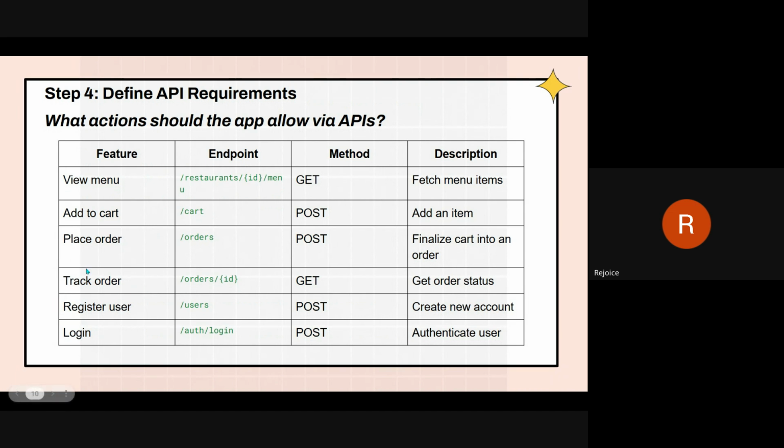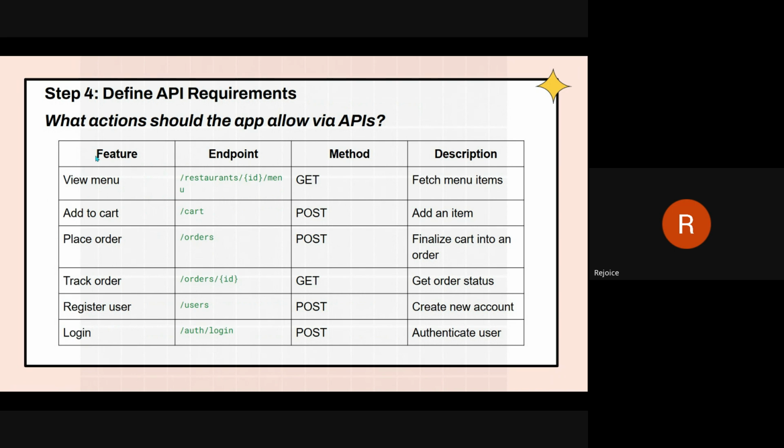So for this user flow for your use cases, we basically have APIs and endpoints for each of them, because your APIs are called once an action is taken from the client side.